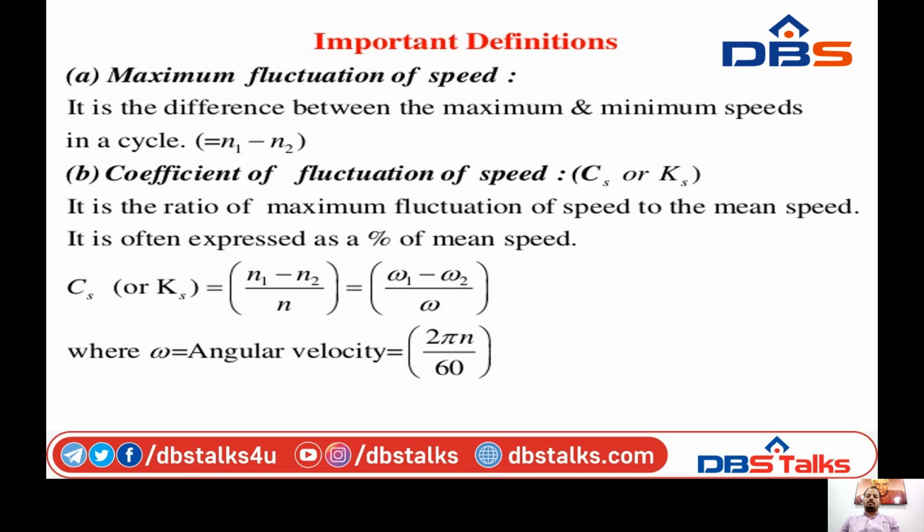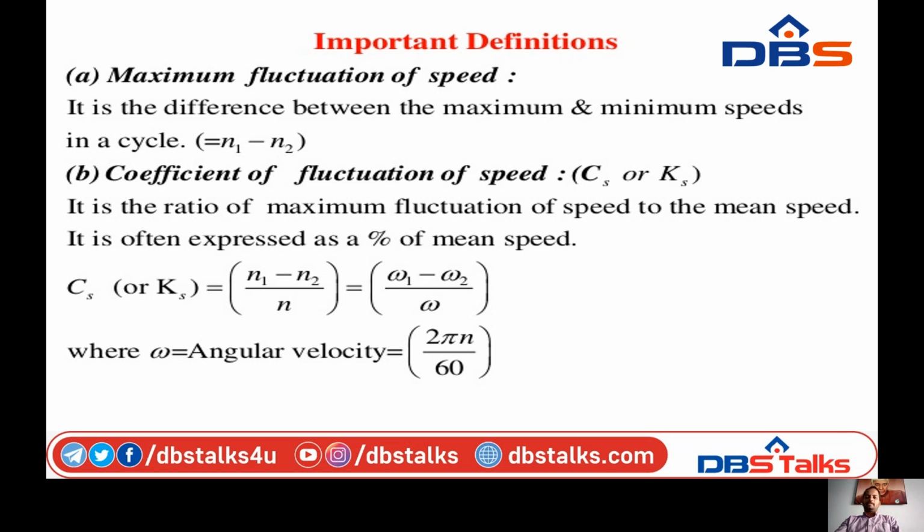And next, the coefficient of fluctuation of speed. We simply call it C or K. It is the ratio of maximum fluctuation of speed to the mean speed. The maximum fluctuation of speed we have calculated as n1 minus n2, divided by the mean speed, which we call n.